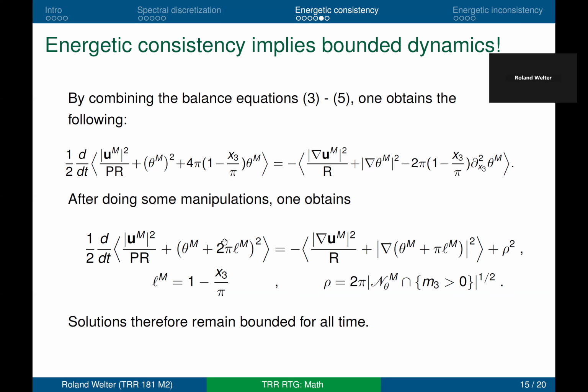So what this says is that the time evolution of this norm on the left-hand side always decreases, since this is a negative quantity, until this negative quantity is balanced by the positive quantity rho. So that implies that solutions remain bounded for all time and the model is well behaved.